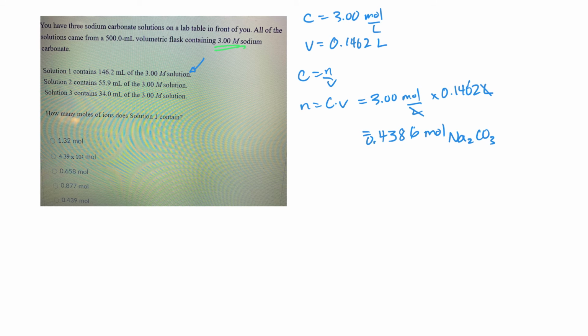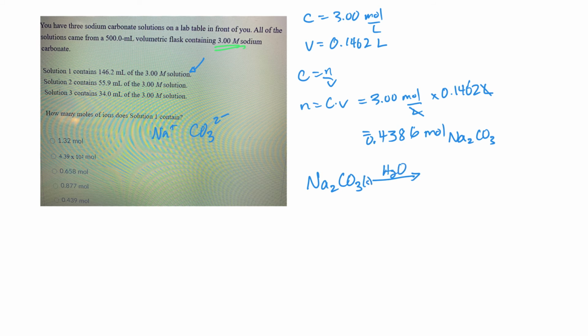Now the question says, how many moles of ions does the solution contain? So it didn't ask if it's sodium ions or carbonate ions. It just asked how many total moles of ions. So let's write our dissociation equation. So sodium carbonate, if you dump that in water, it'll dissociate.